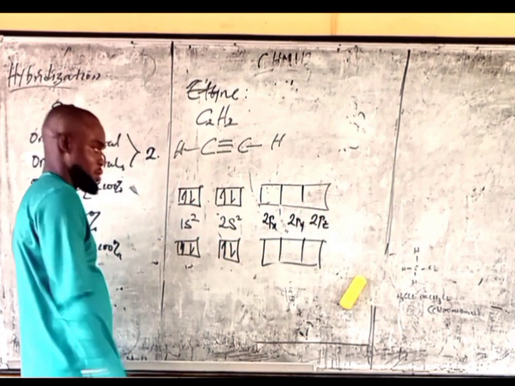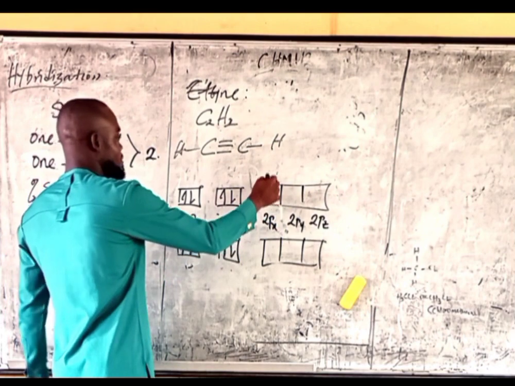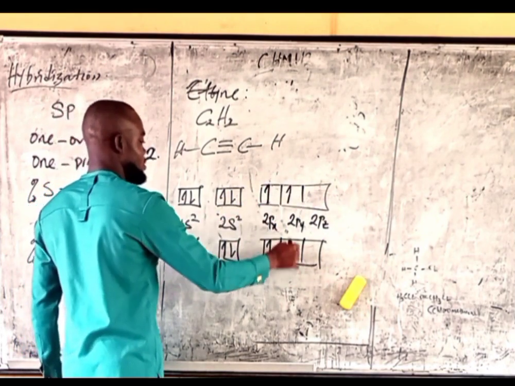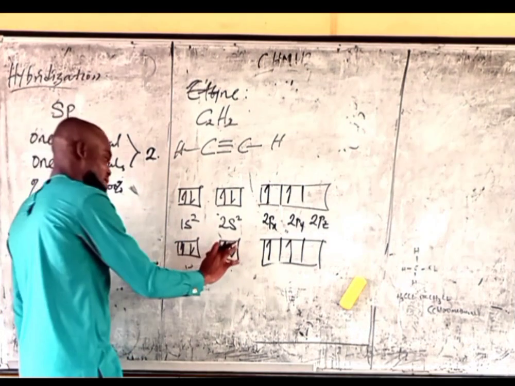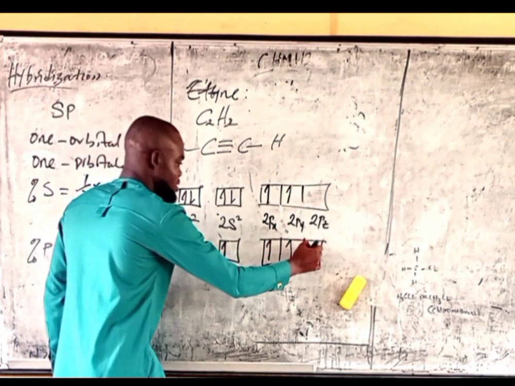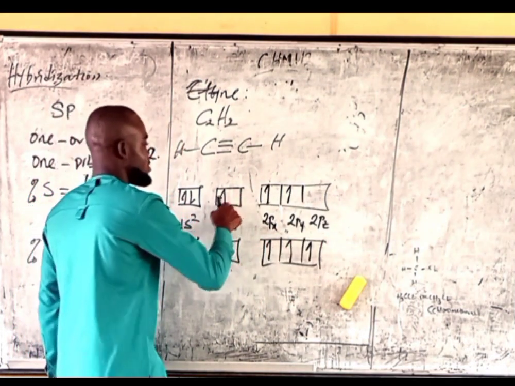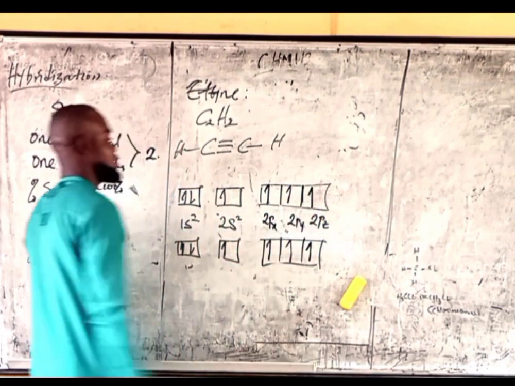So we're going to have just 1, 1, 1, and 1. In the excited state, the electron moves to this place, this place, and this place. We have something like this.